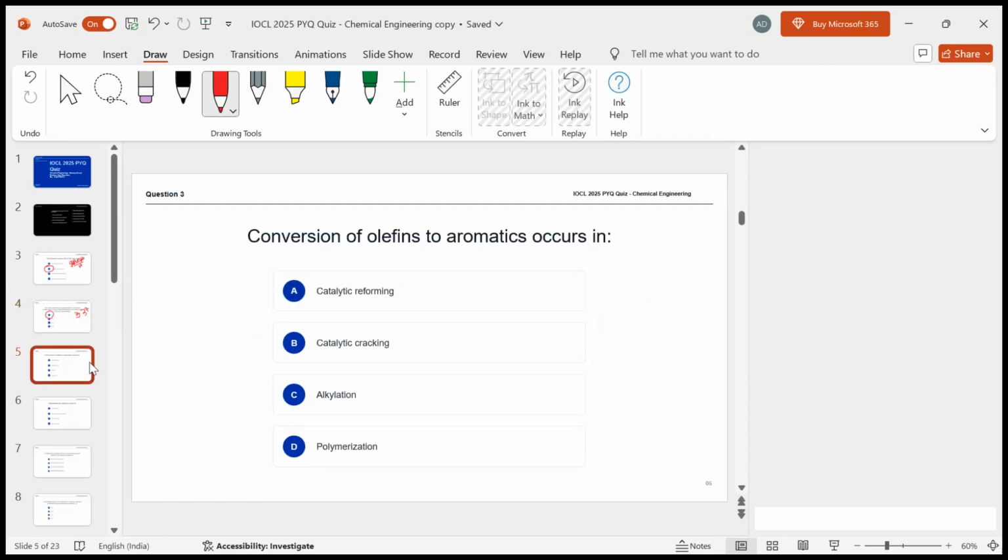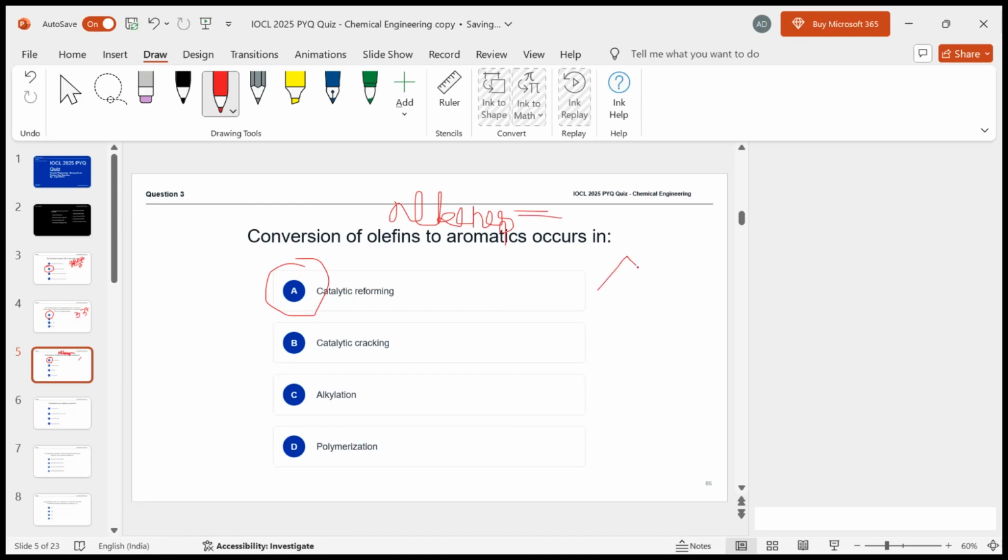Conversion of olefins to aromatics occurs in which process? The correct answer is catalytic reforming, because olefins are alkenes, which are double bonded compounds.